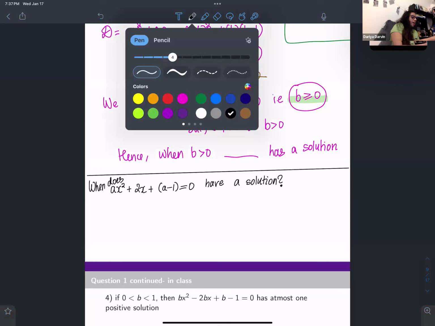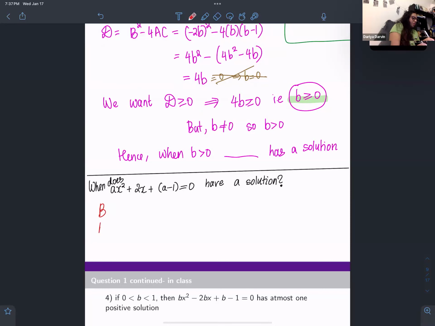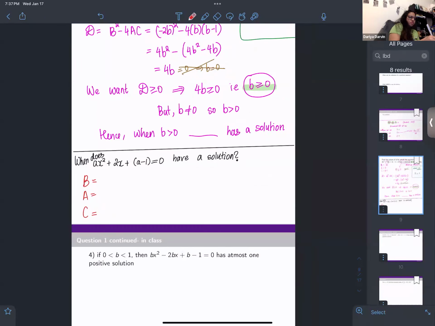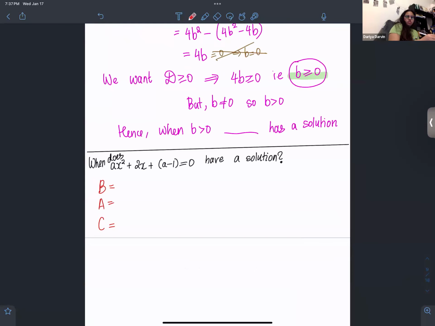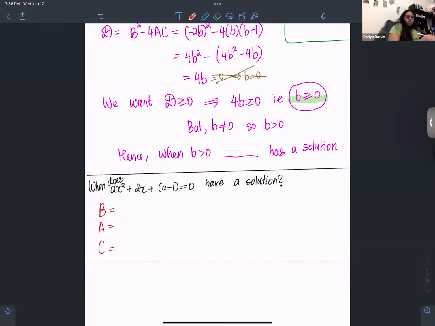So let's identify what is my big A, what's my big B, what's my big C. What's my big A? What comes with my X term? So what's my big B? That's the thing that comes with X. That's 2 here.